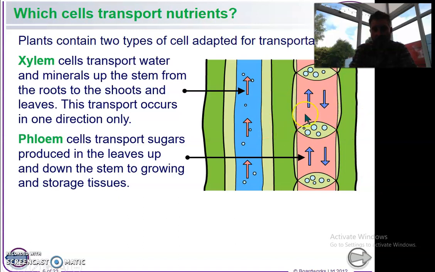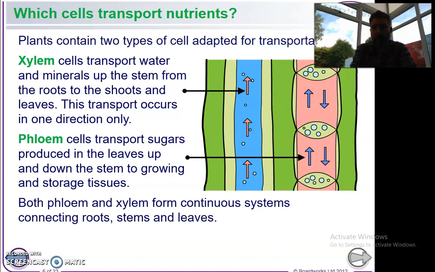And again, we've looked at the specialisations of this that allow the movement up and down in two different directions, because sugars are made by photosynthesis primarily in the leaves, and they have to be stored, and they're often then converted into insoluble carbohydrates and stored in root structures like potatoes or carrots, these sort of great big bulbs where food is stored for later on.